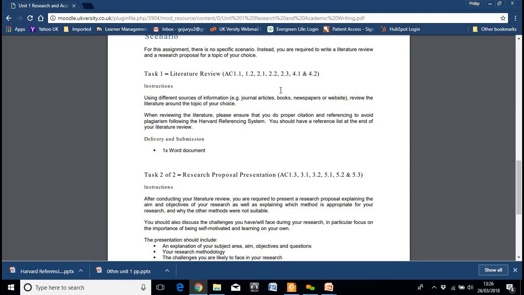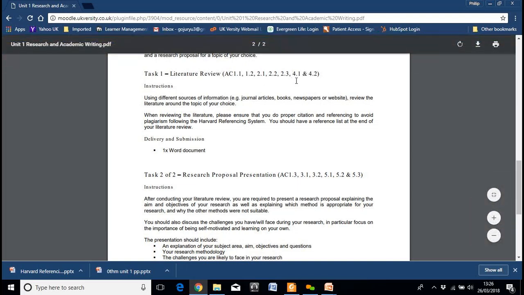Again, you need to do research on that yourself to find out which literature is going to be suitable to give secondary data for the research that you're going to do. When reviewing the literature, put your citations in. So basically, you're producing a Word document that will cover those subjects around the topic of your choice.